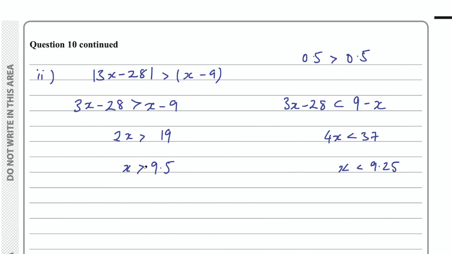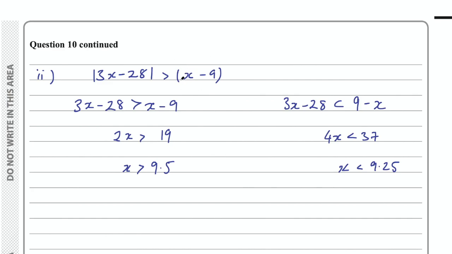Let's try 10 then. So this should work then if x is 10, because it can be greater than 9.5. So we'd get 30 take 28, which is 2. 10 take 9 is 1, okay. And we're also saying it can be less than 9.25. Let's try 9. 3 times 9 is 27. 27 take 28, negative 1, but it's the absolute value, so it'd be 1.